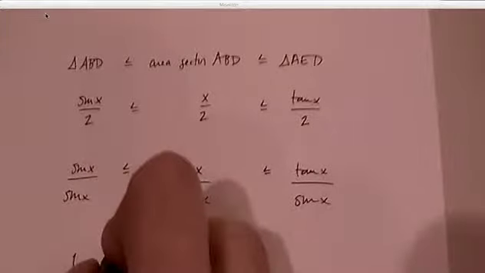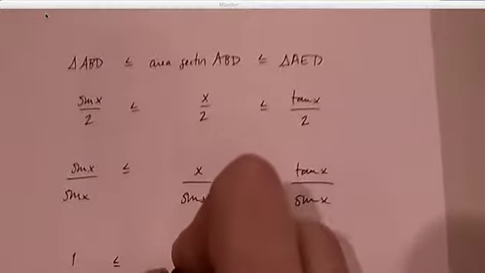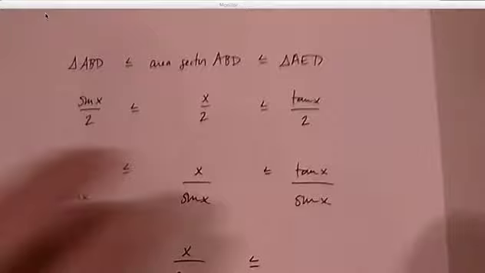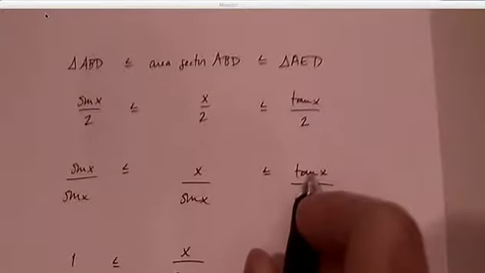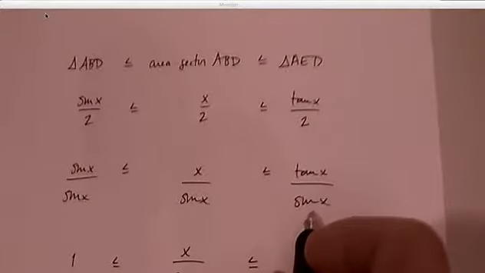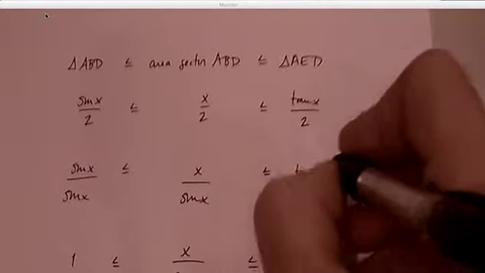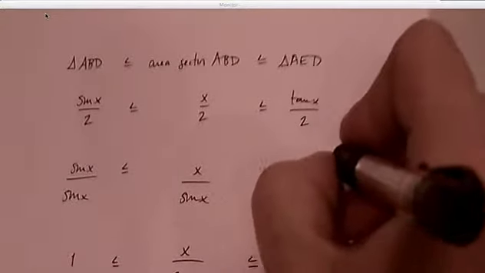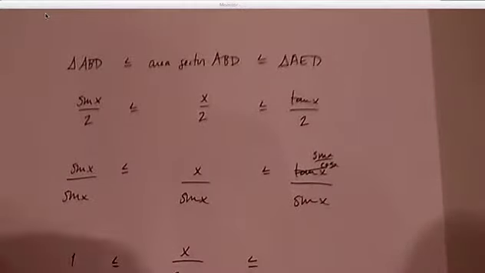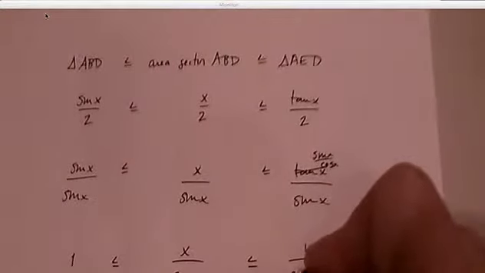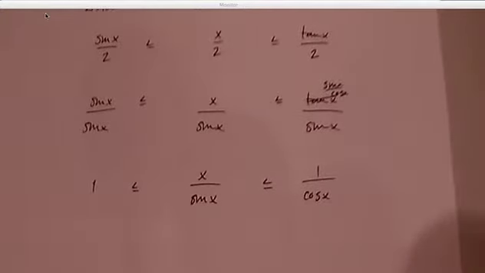And I get 1 is less than or equal to x over sine x, which is less than or equal to, well, what is that? Anybody? Anybody? Well, if this is sine over cosine, and this is sine over 1, then this winds up being what? Okay? If this is sine x over cosine x, then to divide by sine x would just give you 1 over cosine x.